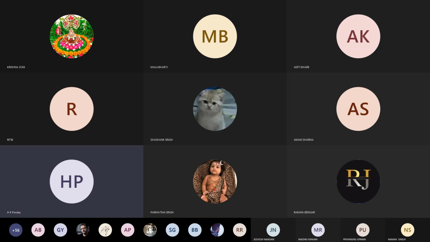My next question is, why does it have the large surface area? Anyone? Bharat Kumar replied, because it has small pores and less volume.